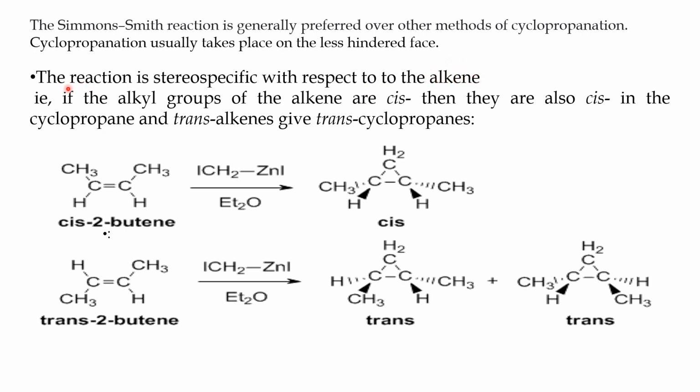That is, if the alkyl groups of the alkene are cis, then they are also cis in the product. See here, cis-2-butene: I am treating it with that carbenoid, the Simmons-Smith reagent, so that I will get the cis derivative. And if I use trans-2-butene, I will end up with the trans derivative of cyclopropane.